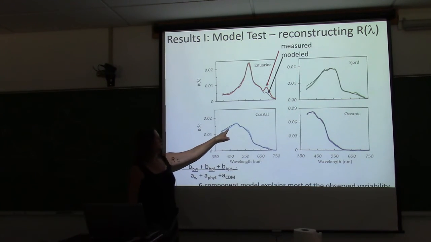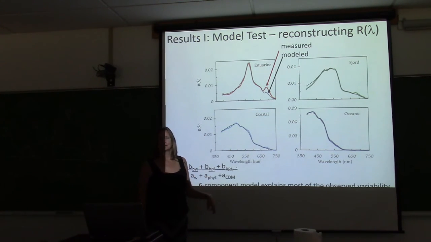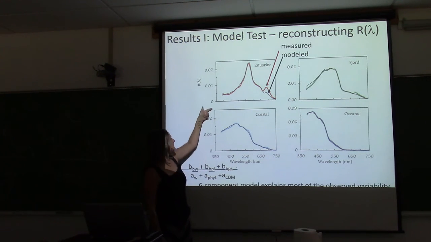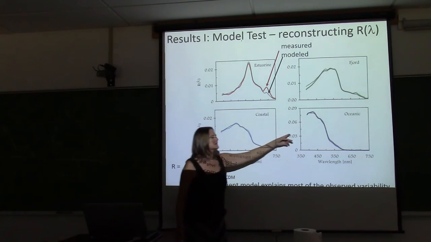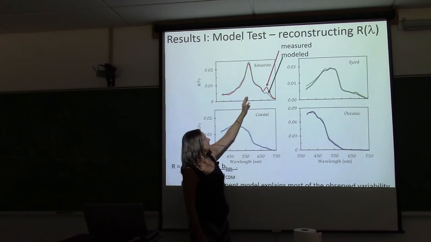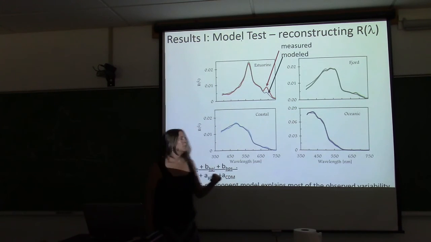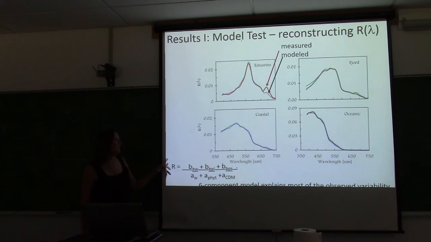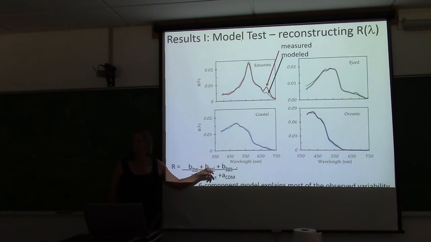Right? There's some changes, there's some variations here. But look at the tremendous range. I mean, look at these are different scales. This is peaking at a very different place than, say, this one is. So what this says is that if you have a 6-component model for large and small particle backscattering, literally just lambda to the 0, lambda to the -1, some phytoplankton absorption spectrum that doesn't actually represent anything because it's an average of everything.